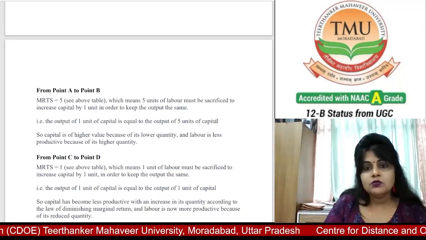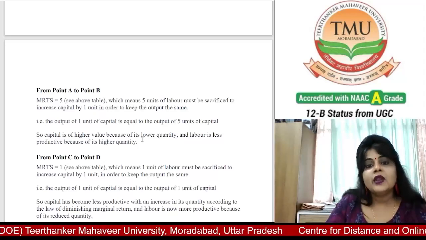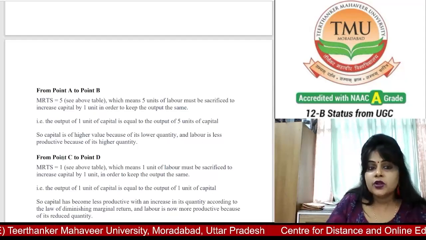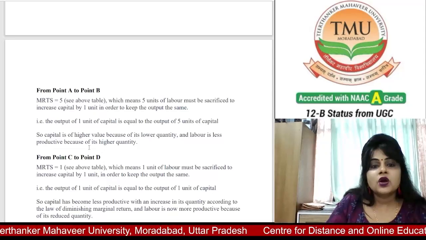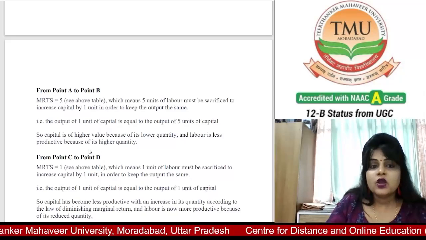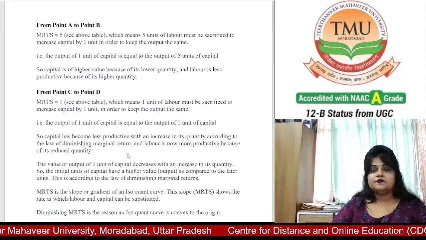Sorry, misprint. So capital is of higher value because of its lower quantities, and labor is less productive because the producer has to give up its higher quantities.